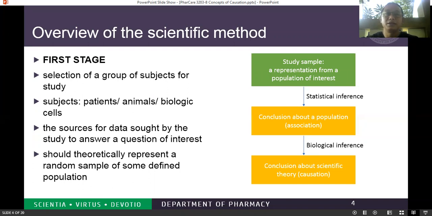Some purposive sampling can be snowball sampling. For snowball sampling, we start from a small number of subjects, one or two, and then we follow their direction to get another subject. Usually, this is for a sensitive topic.